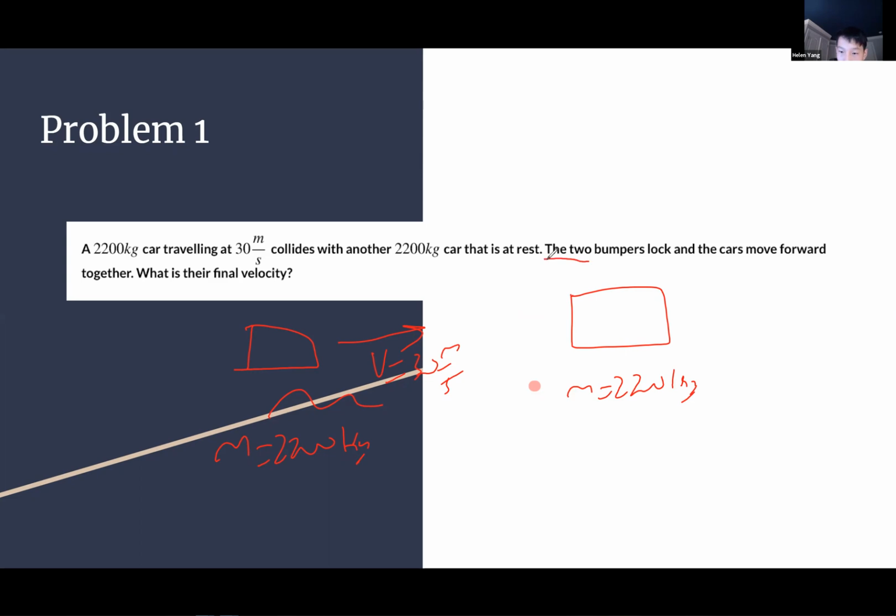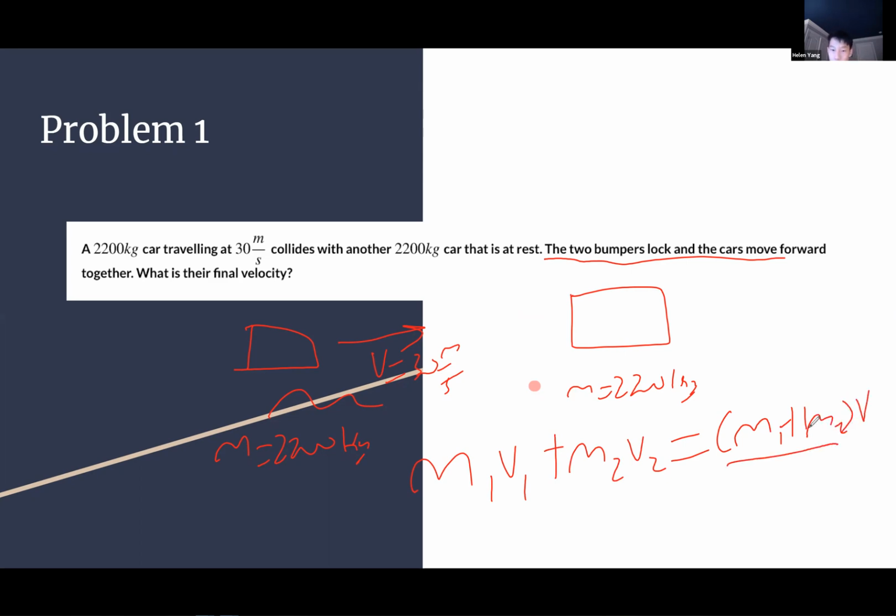And it says the bumpers lock and the cars move forward together. So you can assume that this is an inelastic collision. So you would write M1V1 plus M2V2 is equal to M1 plus M2 times V, since the masses are together and they have one velocity.